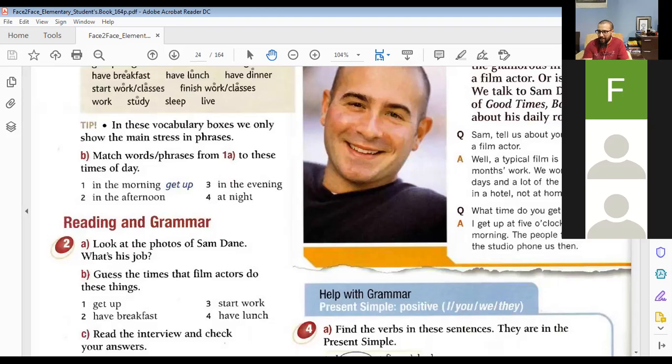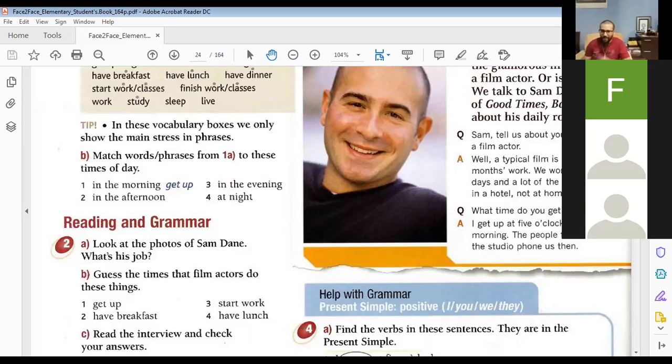What about breakfast? When does Sam have breakfast? 7:30. Yeah, he has breakfast at 7:30, very early too. And this means he stays 2 hours without breakfast. For me, this is worse than waking up at 5 o'clock.